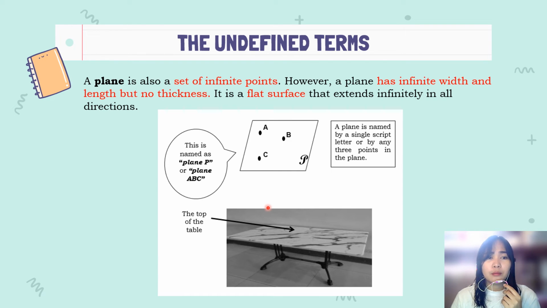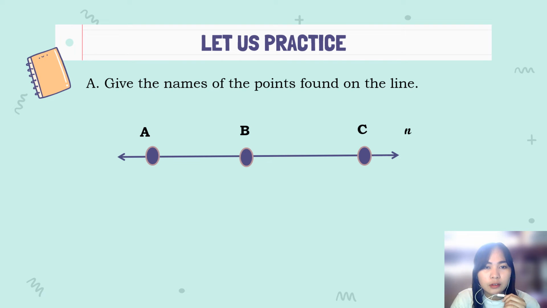So we have first point, the second one is line, and the third one is plane. Now let us practice. Give the names of the points found on the line. We have here line N, and our task is to name the points that we can see on the line. How do we name a point?